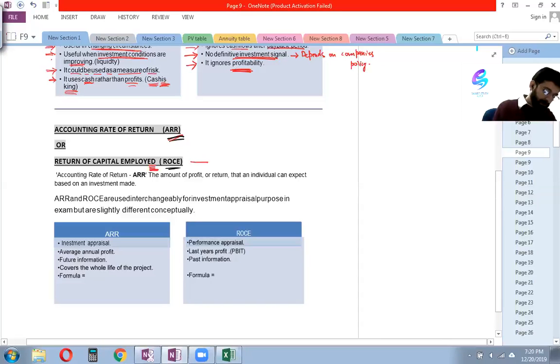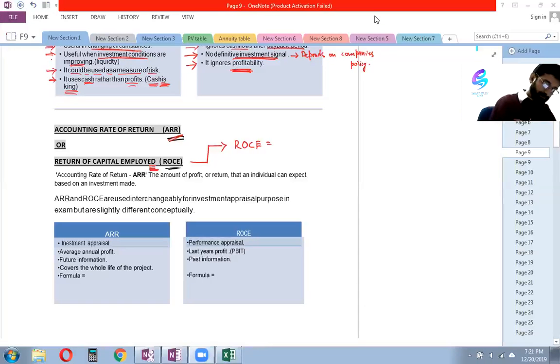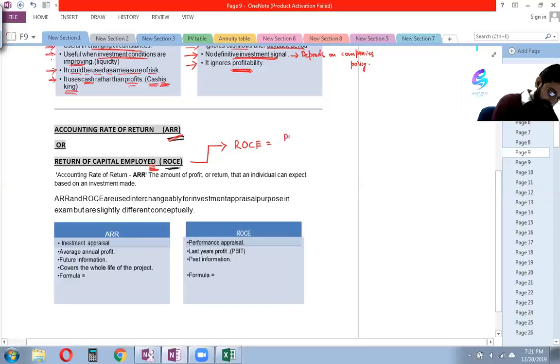If you remember the formula for return on capital employed, who is going to give me the formula for return on capital employed? Or some people like to call it ROCE, right? What's the formula for return on capital employed? Anyone? The formula was your operating profit or your PBIT divided by capital employed. So what does that mean?